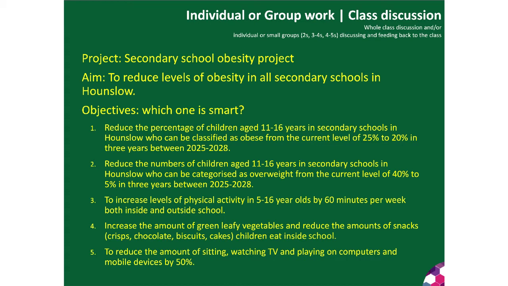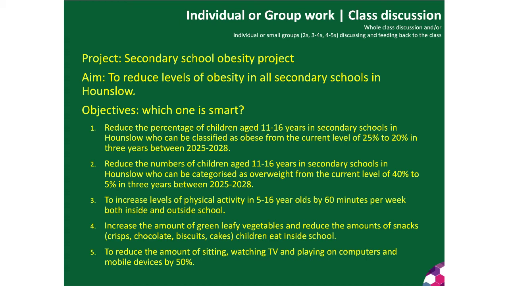Our second objective could be to reduce the number of children aged 11 to 16 years in secondary schools in Hounslow who can be categorised as overweight from the current level of 40% to 5% in 3 years, between 2025 and 2028. Our third objective could be to increase levels of physical activity in 5 to 16-year-olds by 60 minutes per week, both inside and outside school.